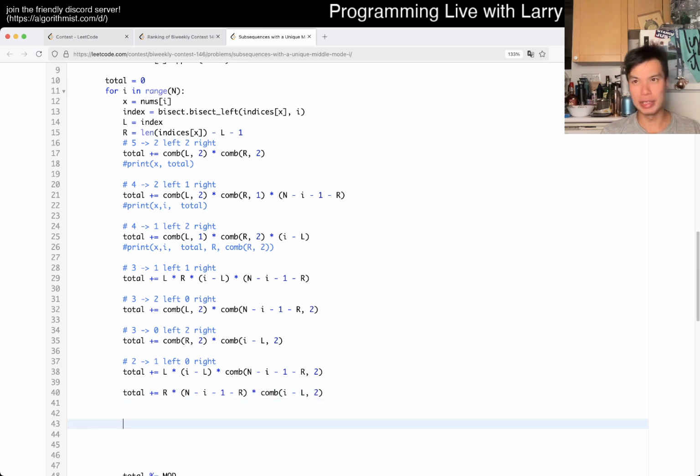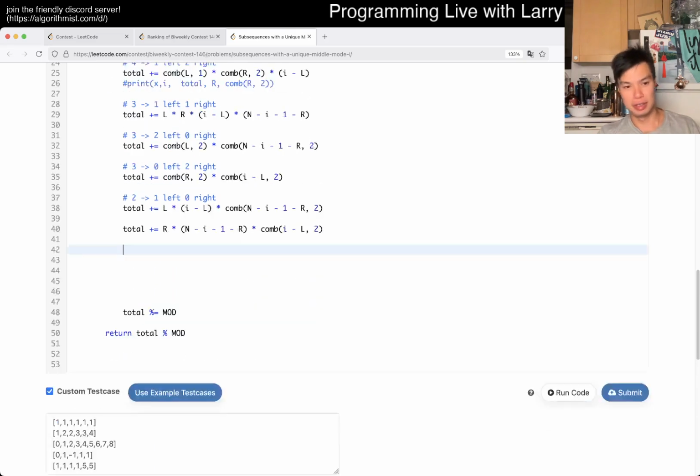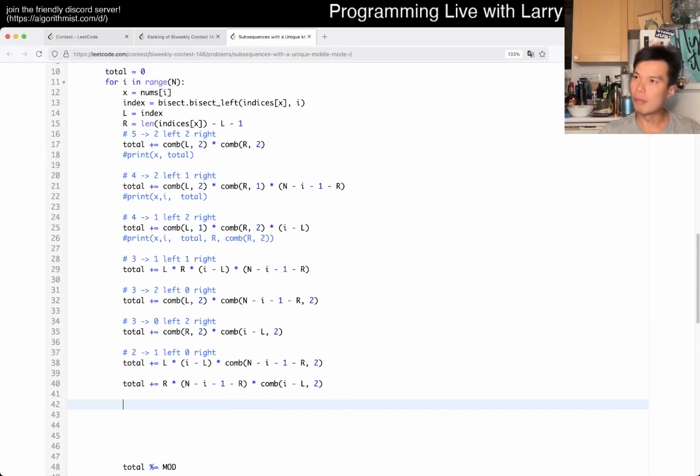And then now we overcount. So, it's a mess. It's a mess. I think I know how to do it, honestly. It's just so annoying to do, and I'm trying to think about it.